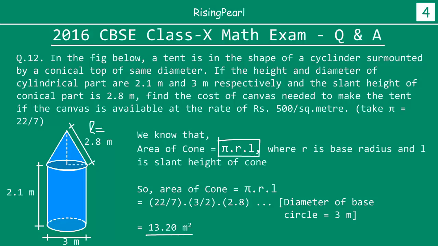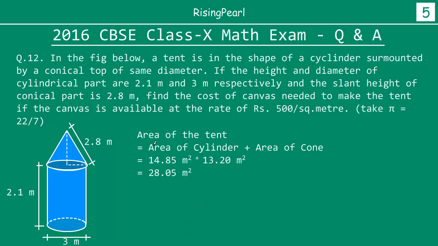If we calculate, it will be 13.20. So the area of the tent is the area of the cylinder plus the area of the cone: 14.85 plus 13.2, which is 28.05. But again, remember, the question is not to find the area of the tent, but the cost.